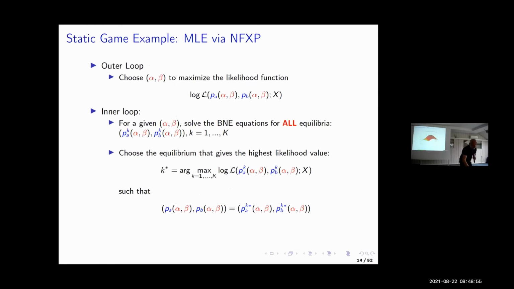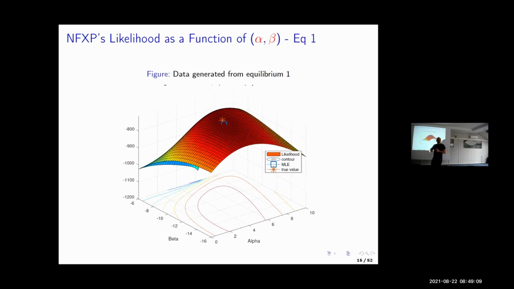Okay, so let's look at the likelihood. Here's an example of the likelihood function for data generated by equilibrium number 1. That is the equilibrium where firm 1 is doing very little investment, and firm 2 is doing all the investment.